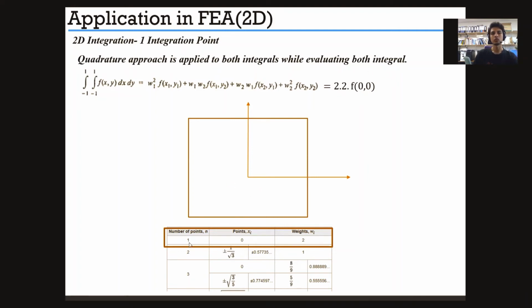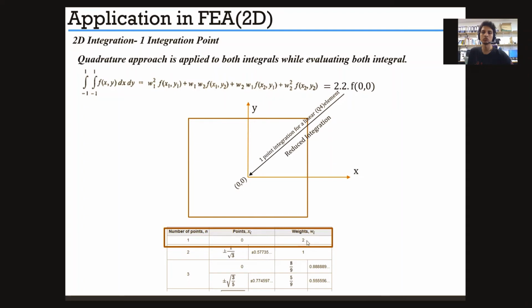However, if we want to follow the single point, then the point will be 1, right? So where is the point? Say for example, this is the point, so it is called the reduced integration. The reduced integration is an integration for a linear Q4 element for 1 point here. So we will just plug in the values of x1 and y1 right here, and what is the w value?